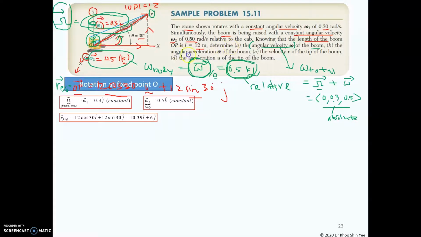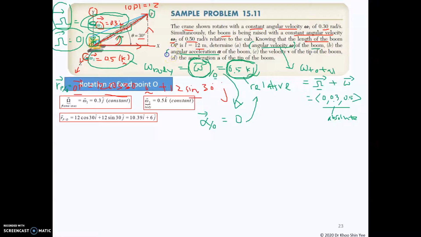Then you want to find the angular acceleration of the boom. So the angular acceleration for the body with respect to O here, which is a rotating frame, is equal to 0 because the omega is constant in this case. So this is a relative value. The angular acceleration for the frame, Omega dot, here is equal to 0 because the Omega here is constant.